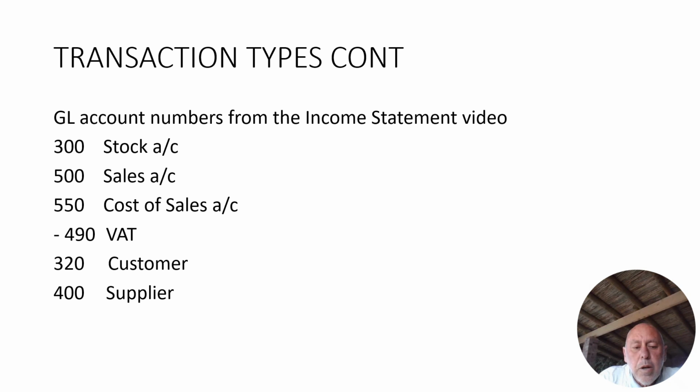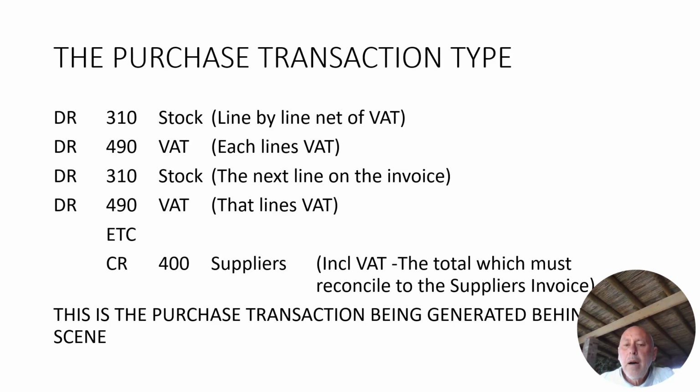So this is now just to help you understand when you're creating these transaction types on the next slide. You're telling your accounting system what to do behind the scenes. So while your clerk or yourself, whoever's processing, while you sit with that supplier invoice in front of you on your desk, and you're sitting with your supplier invoice open on your computer, you're just going through line for line exactly as that piece of paper from the supplier is.